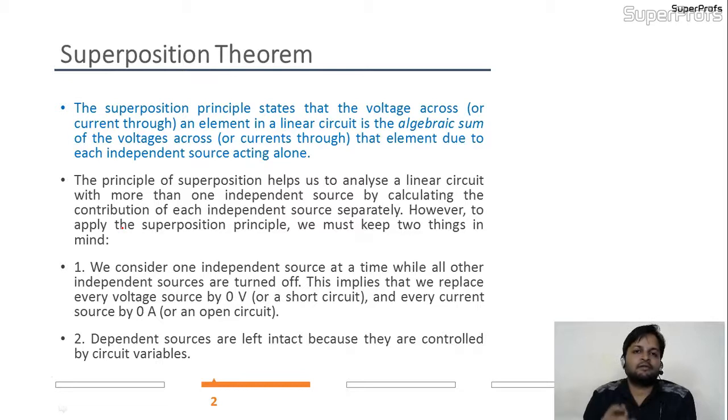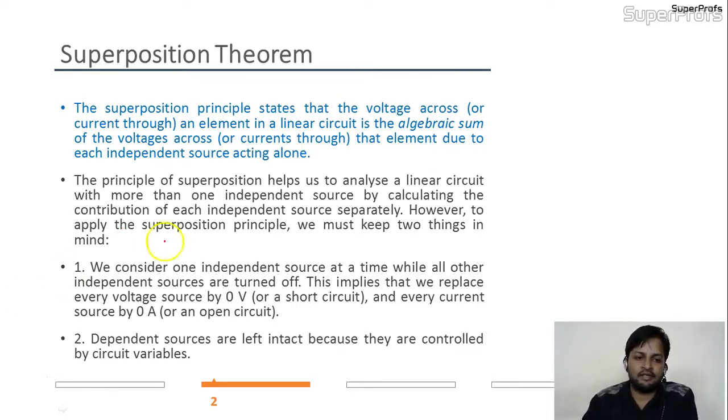The current flowing in that branch will be the summation of the currents provided by the individual sources. The voltage source provides some current into that branch, the current source provides some current into that branch, and the overall current in that branch is the summation of the currents provided by the individual sources. This is the superposition theorem.